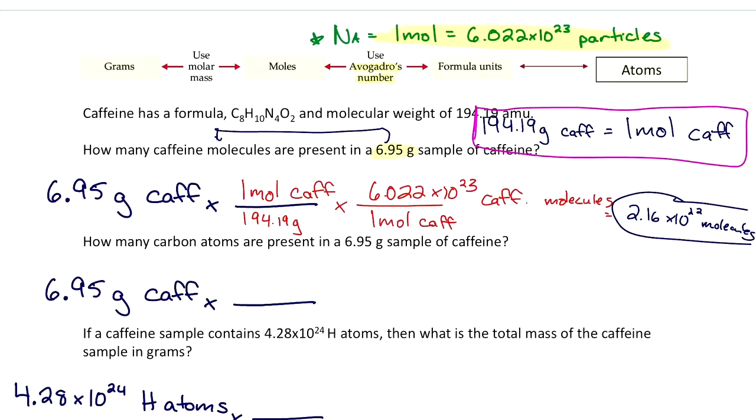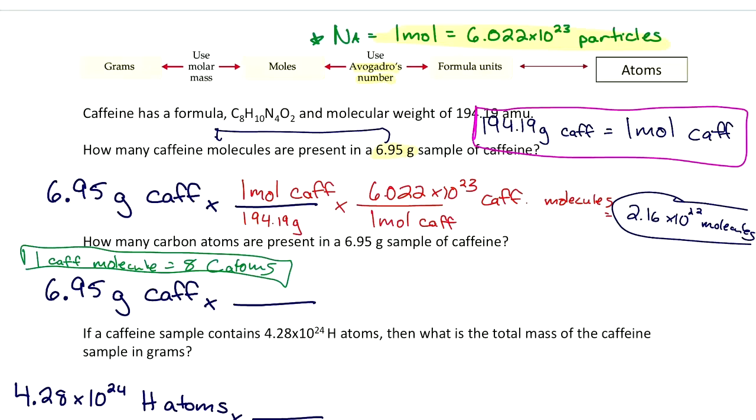So we just have to build this new equality that for every 1 caffeine molecule, there are 8 carbon atoms. We are going to use the exact same dimensional analysis as the previous question, just adding one additional step to go from molecules to atoms. I'll write the whole thing out again.